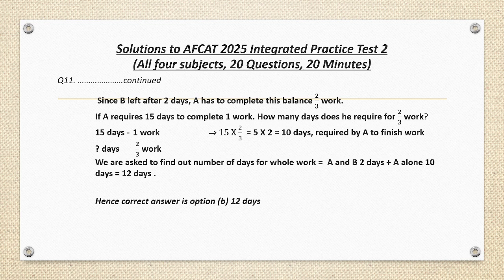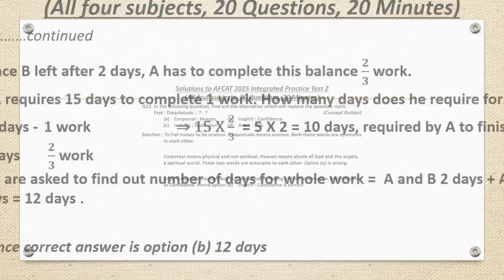So A is taking 10 days, and already along with B he has worked for 2 days. So total 10 plus 2, 12 days are required to finish the work. So option B, 12 days.